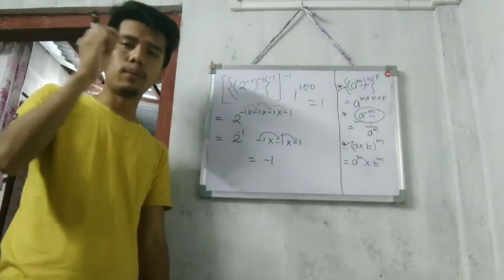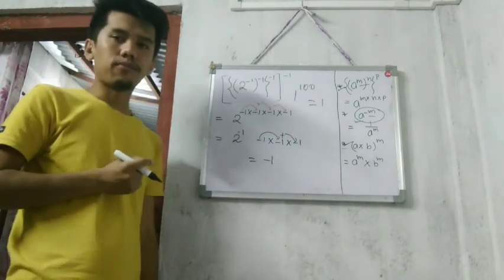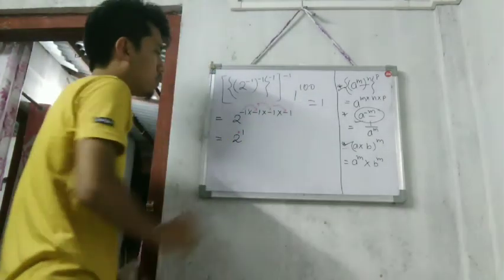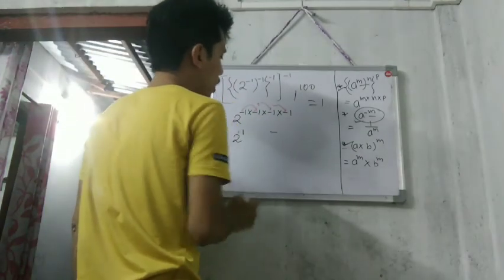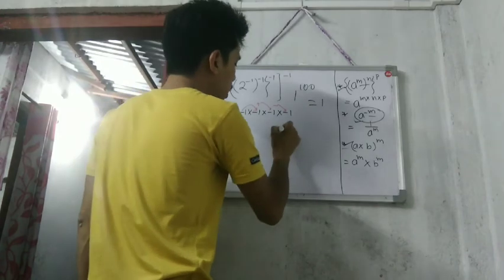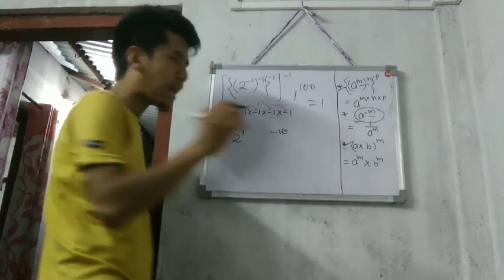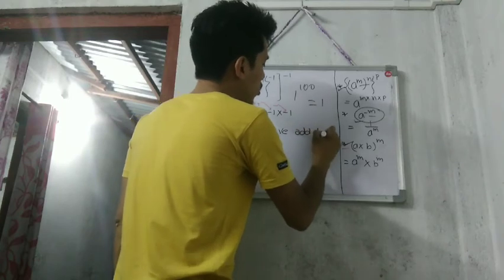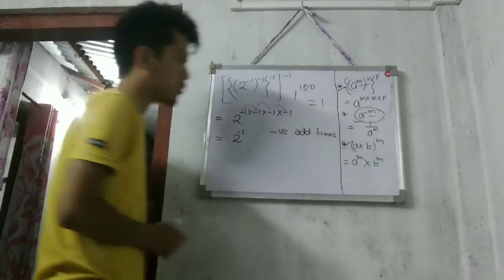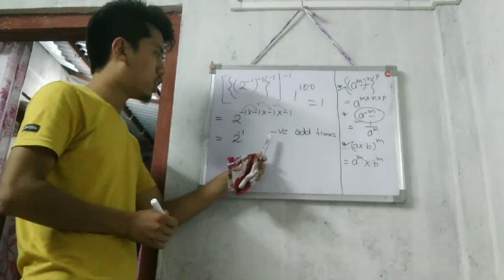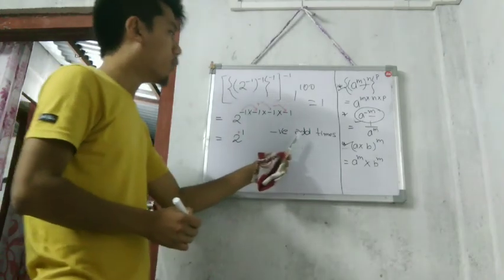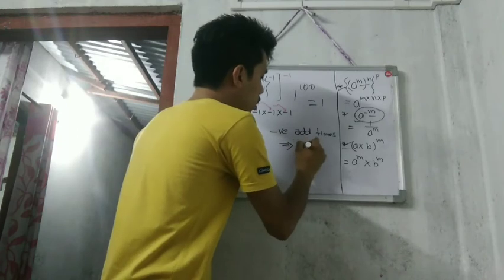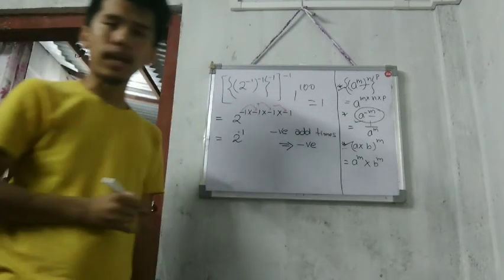Or you have to remember a small trick here. And what is the trick? If the negative sign is multiplied an odd number of times, listen carefully here, the result will be negative only, that is minus only.